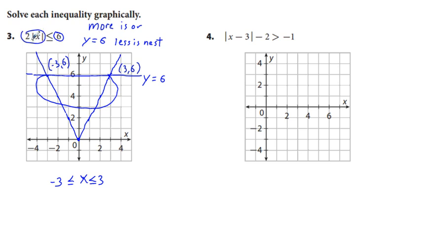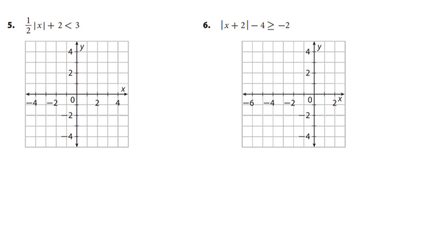Would that be right? Yeah, if we plugged in -3, 2 times the absolute value of -3 is less than or equal to 6. If we went less than -3, it wouldn't work anymore. So this is going to be our solution to this inequality. We solve it graphically and describe it below in inequality notation. And you could also put that in interval notation. All right. Okay, next on our problem.